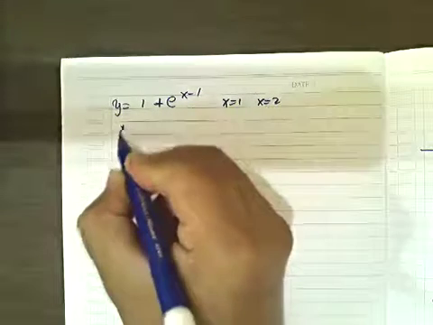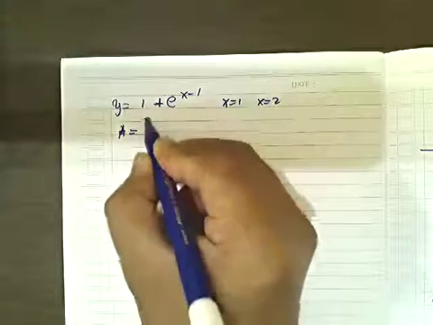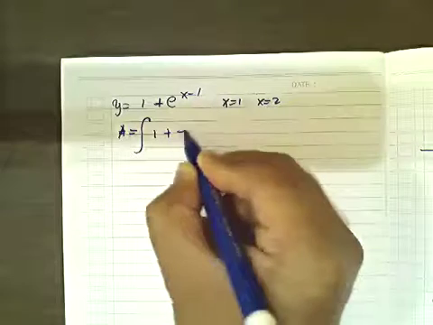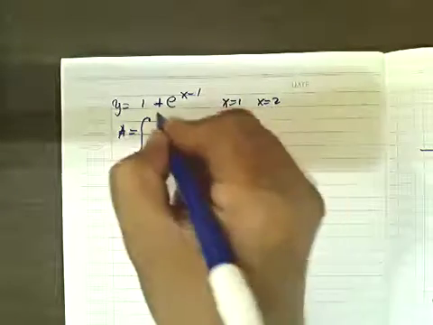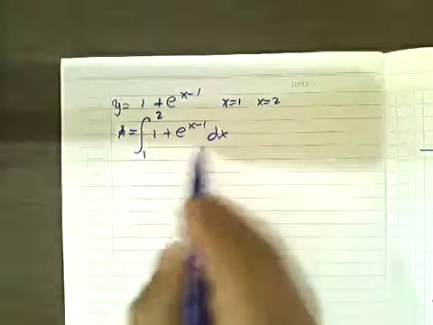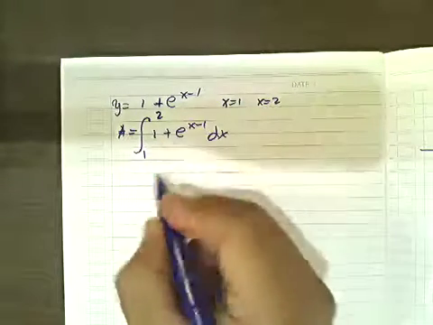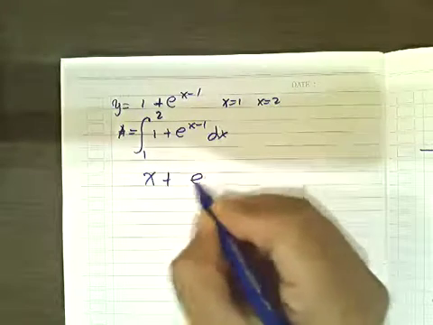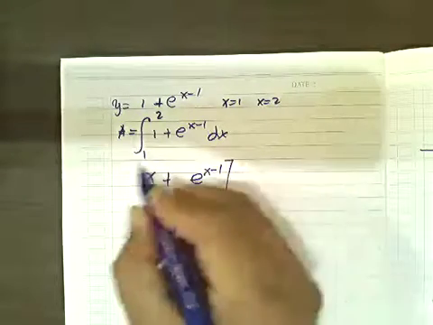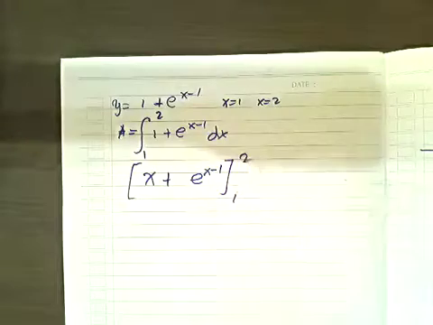Again, the area is given by the integral of 1 plus e to the x minus 1 dx from 1 to 2. So let's integrate this one by one. The integral of 1 is x, plus the integral of this one is e to the x minus 1, and then just simply plug in from 1 to 2.